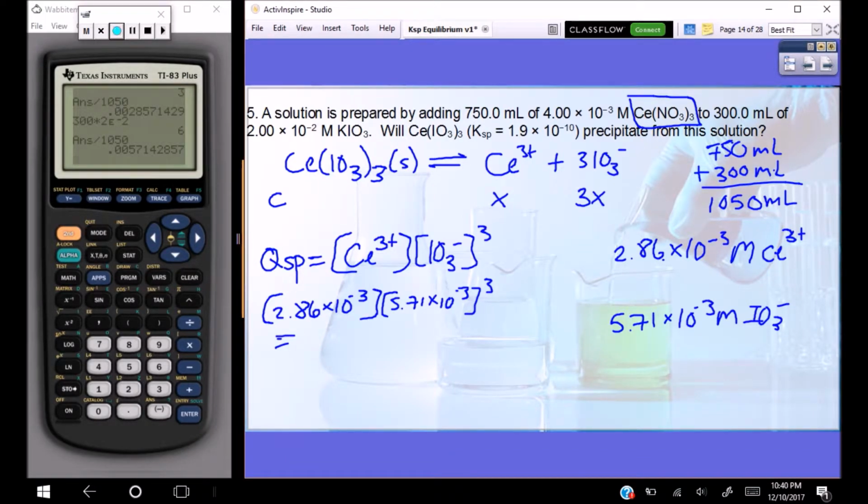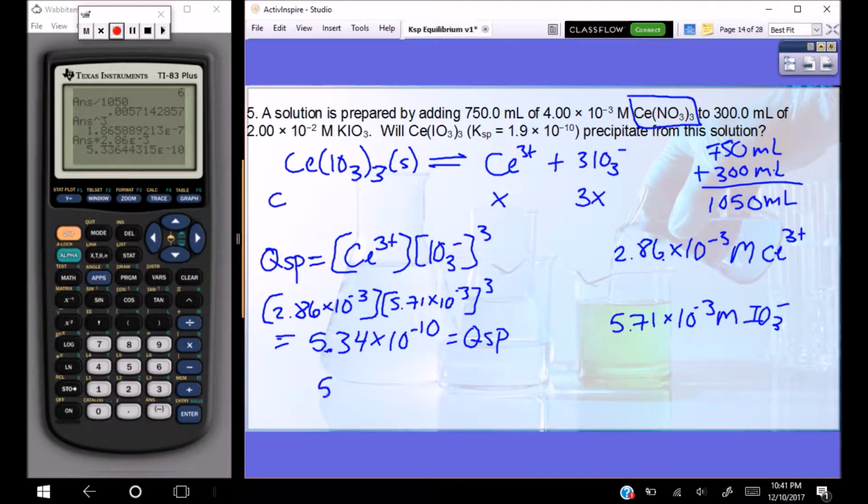Actually, I'm just going to cube that first, and multiply it by 2.86 e to the negative 3. And I get 5.34 times 10 to the negative 10th. This is my QSP.